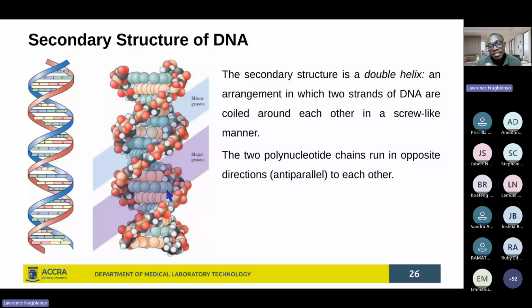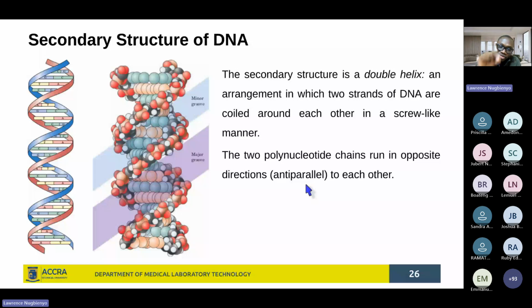And because of that, you also see the term anti-parallel directions, or just say opposite directions. These two nucleic acid strands are running anti-parallel to each other. So that's what that also means.